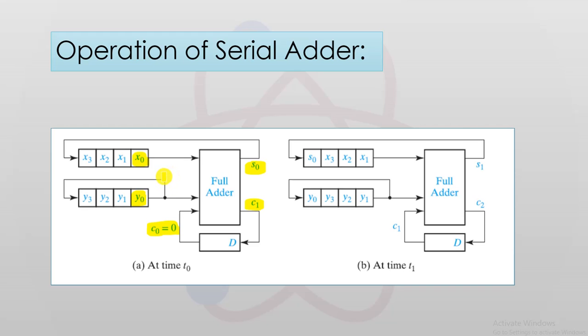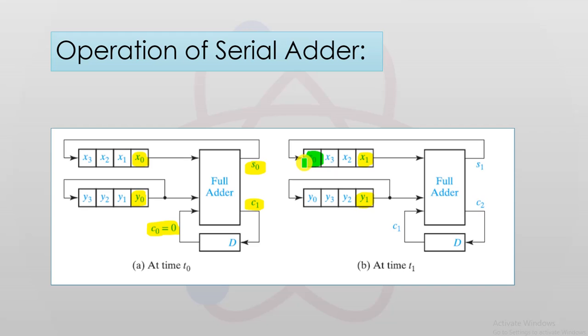The same clock edge will store C1 into the carry flip-flop and will rotate the addend register towards the right. So the next pair of bits will be X1 and Y1 because we already have S0, which has been shifted in the previous time interval T0.